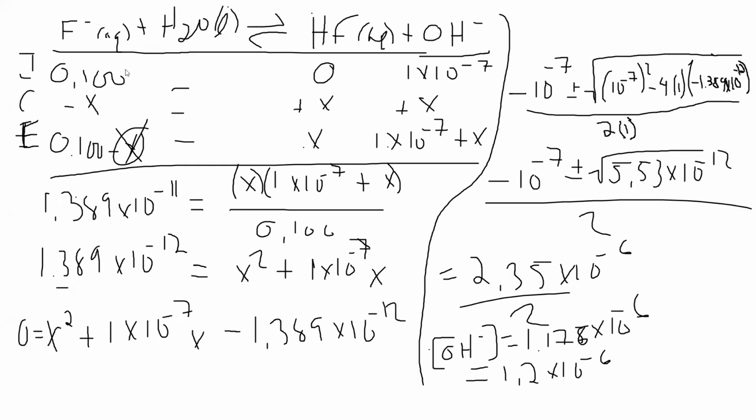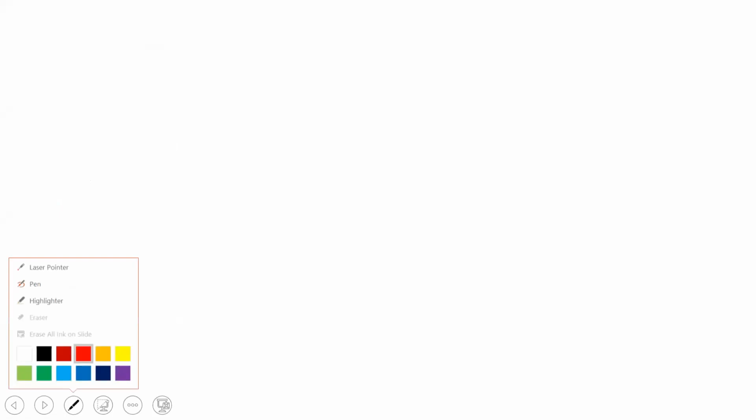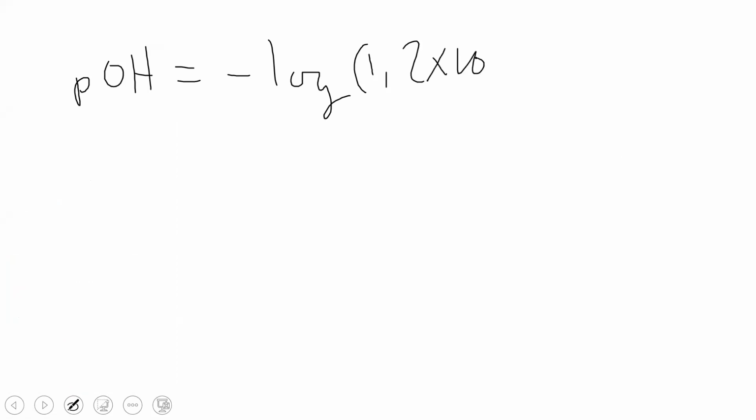There we go, okay. And you take that value and plug that in, so POH will equal negative log of 1.2 times 10 to the minus 6th power, right?